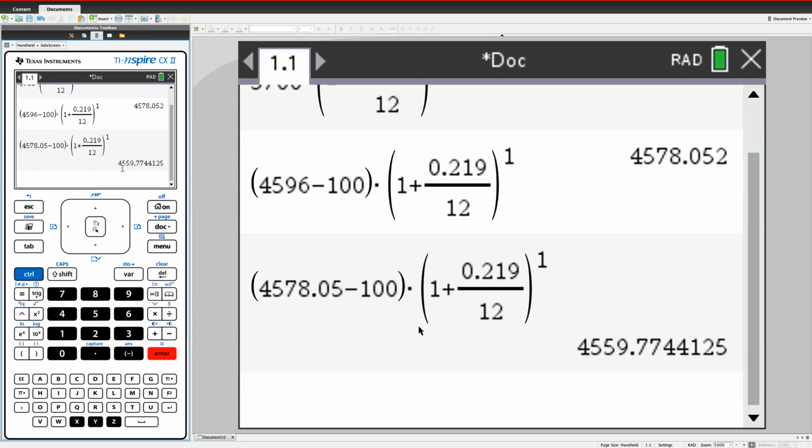How much did our balance drop this time? Just a little over $18. Do you see what I'm getting to? Does a credit card seem so fun anymore? No. You're paying $100 a month and it's dropping $18 a month. That's going to take a long time to pay this off, isn't it?